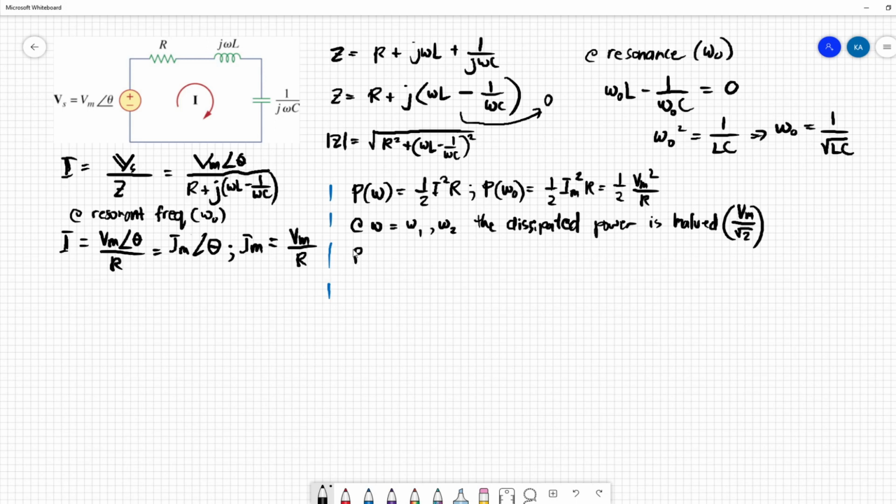So the power at ω1 is equal to the power at ω2, equivalent to (Vm over square root of 2) squared over 2R, equal to 1/4 Vm squared over R. So ω1 and ω2 are called the half power frequencies or cutoff frequencies.